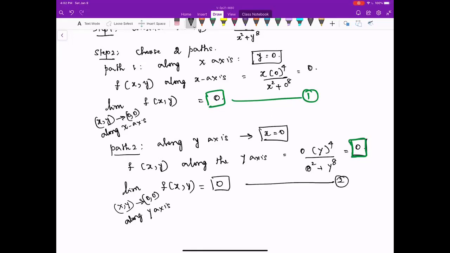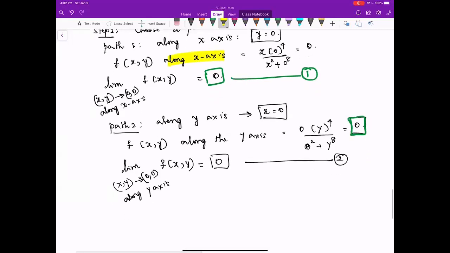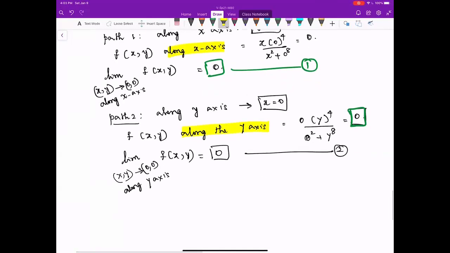So far you've considered two paths, one along the x-axis and one along the y-axis. Both values seem to be the same. Is it the same for every path that you take in the domain of f of xy? Just to make sure, we'll consider just one more path and see what happens there.